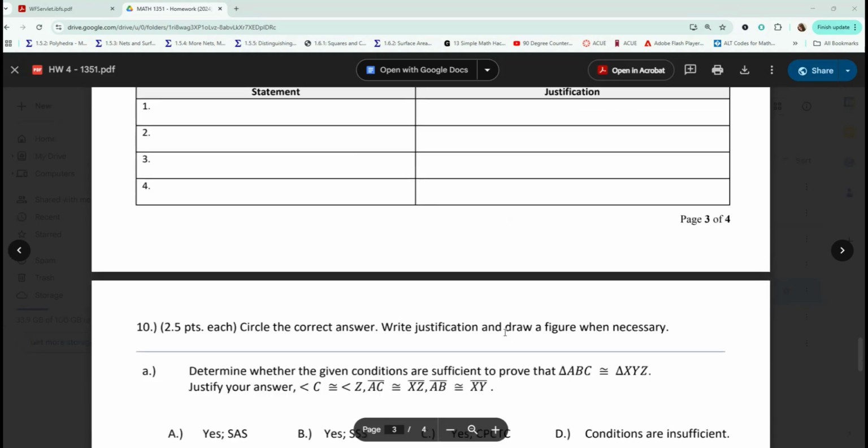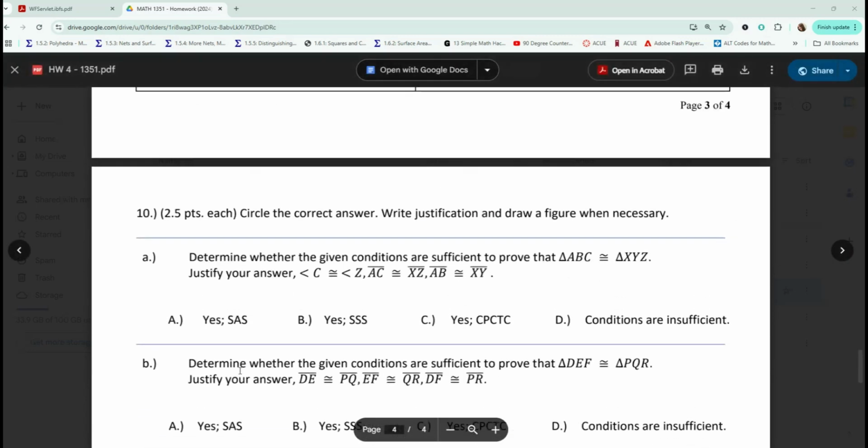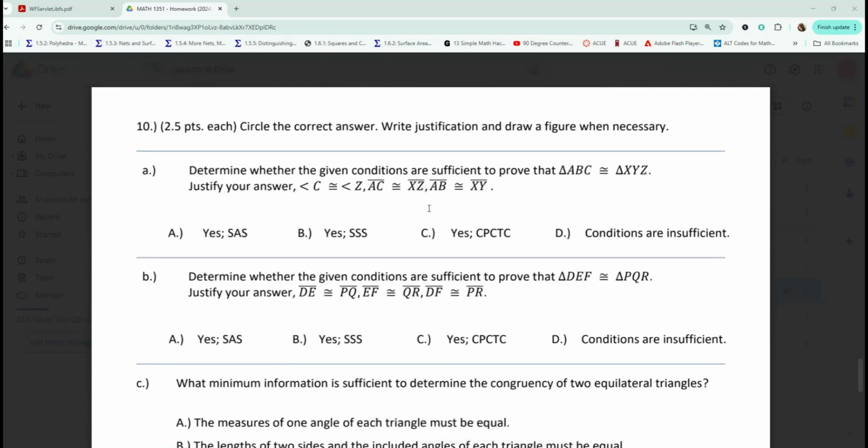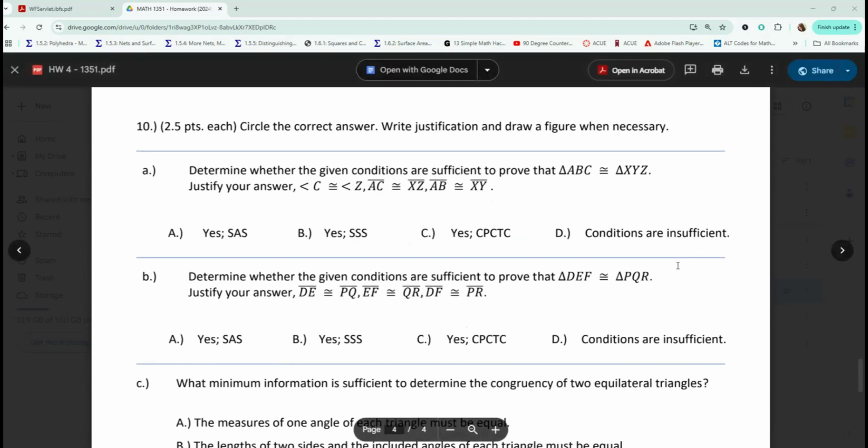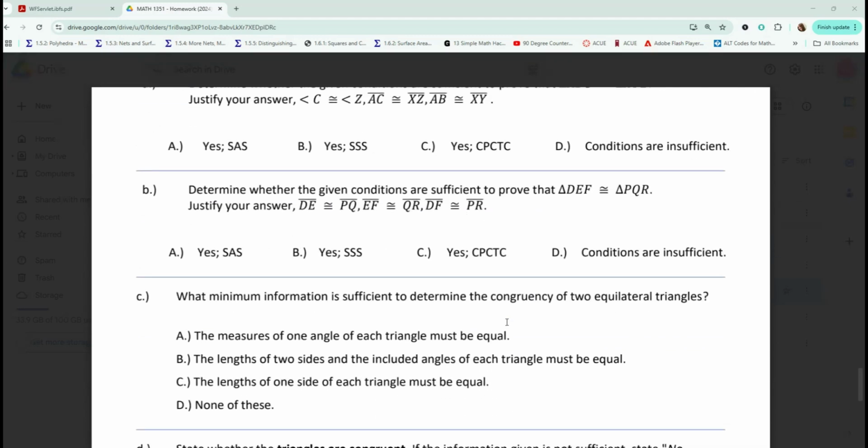Okay, and then these right here, you just need to say, according to the information, I'm a visual person. So even though I don't say draw it for part A and B, it helps if you draw it because it helps you see it.